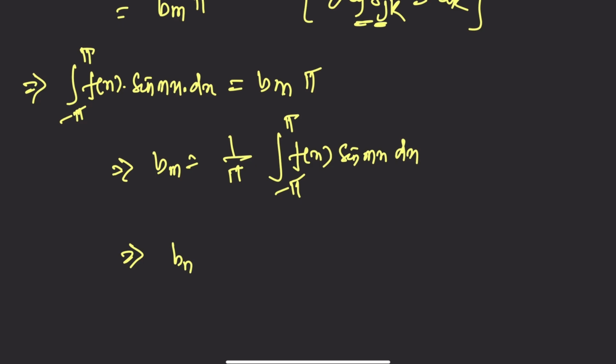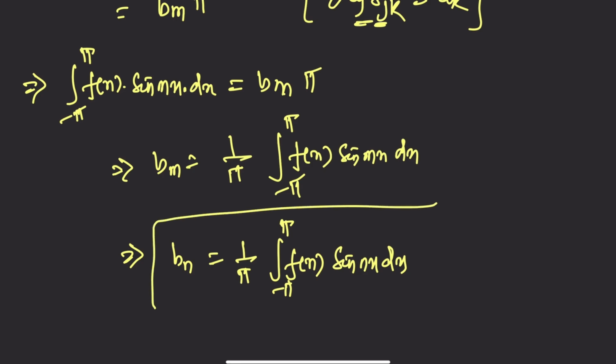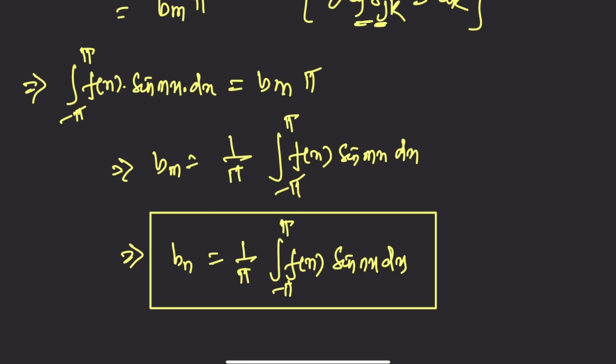So b_n equals 1 by pi integral from minus pi to pi of f(x) sin nx dx. This is the Euler formula for b_n.